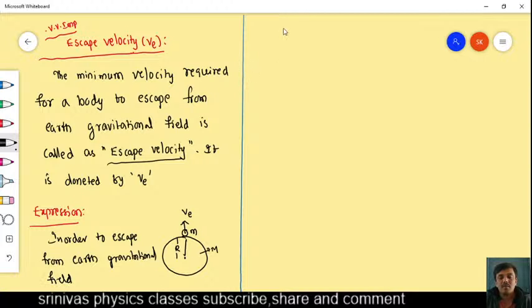Then the kinetic energy of the body must be equal to the potential energy, or greater than that also, no problem. If you give more than that, it will go fast.